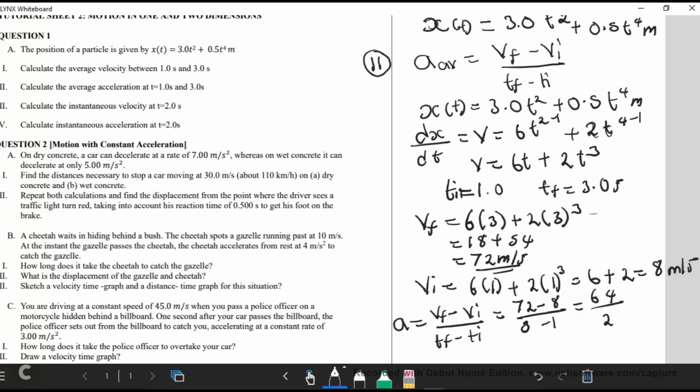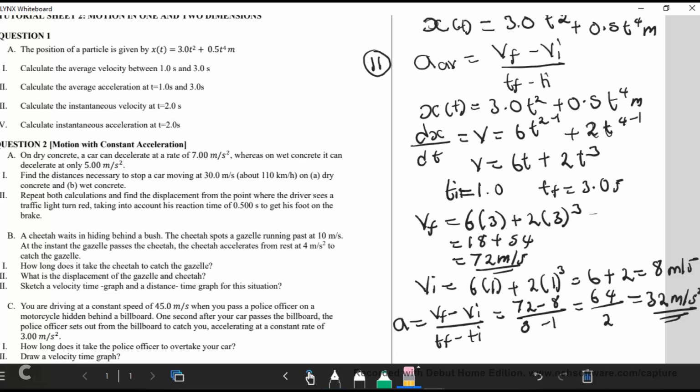When you say 3 minus 1, it will be 2. Then your answer will be 32 meters per second squared. So this is your average acceleration. So this is how you calculate the average acceleration at this point.